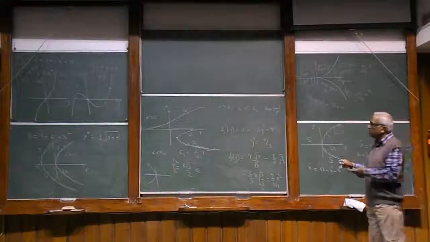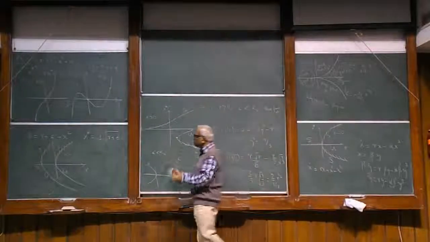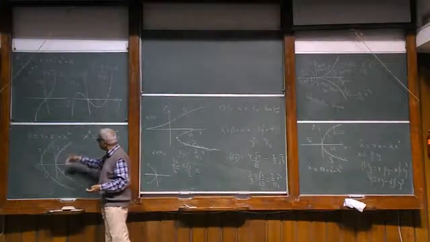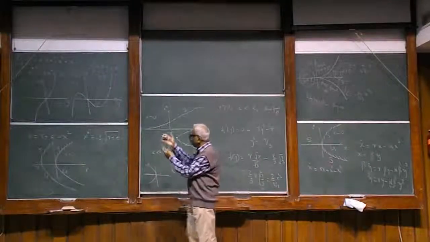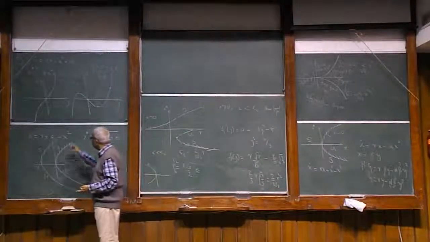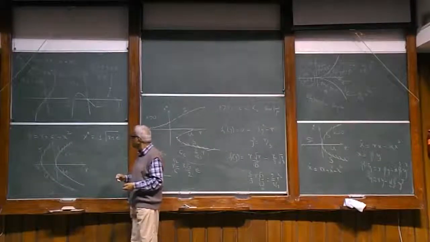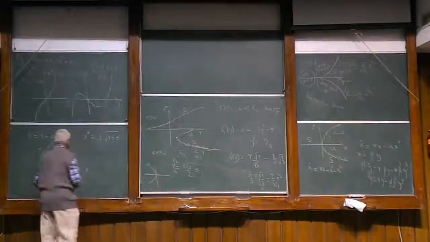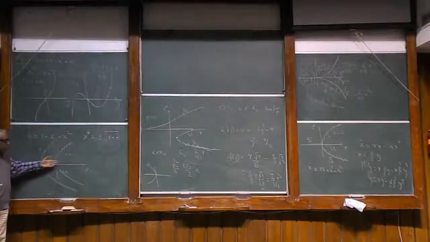Over here, the bifurcation is that two fixed points, which are part of the same solution curve, x equal to plus minus square root of r, they come and merge and disappear.